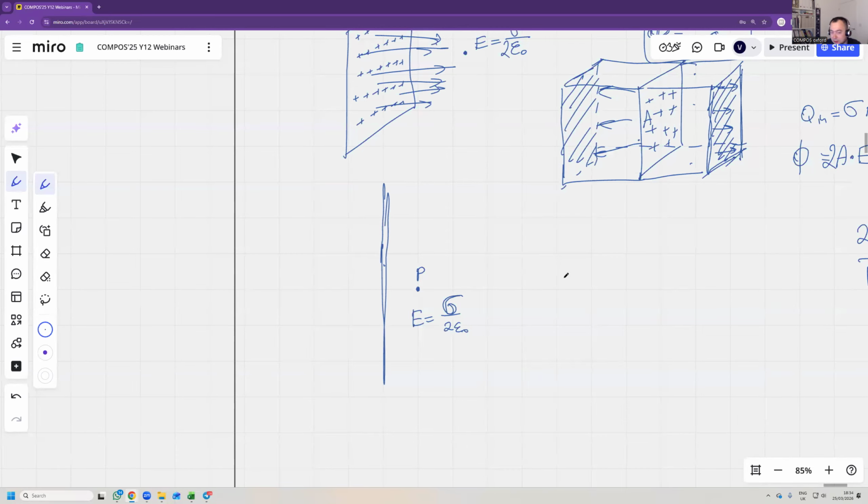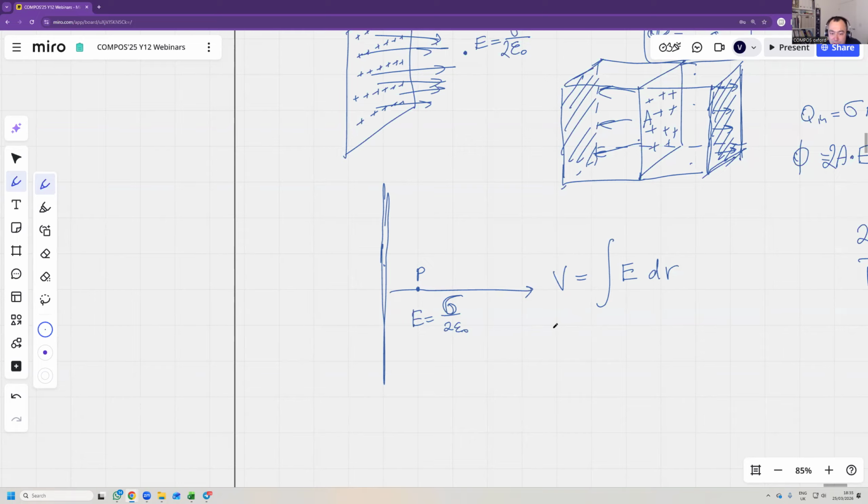Now we know that the potential is the integral of E with respect to dr, where r is this axis, or if you want to say distance.